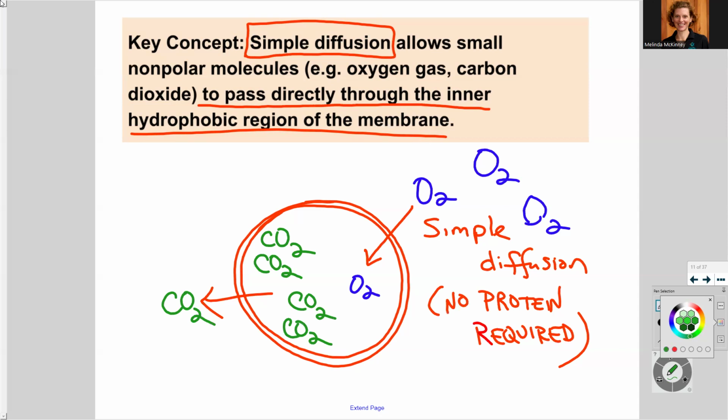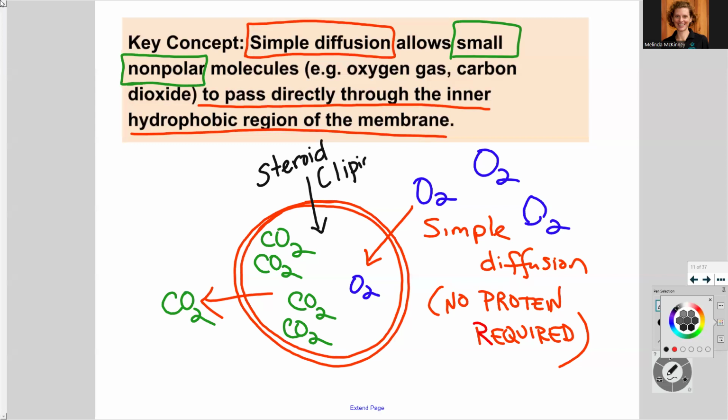The main thing is everything that goes through needs to be pretty small, can't be a huge molecule, and it needs to be non-polar. So it can't have a big charge on it. Okay. Another thing we're going to get to later, I'm just going to put it in here, that can go in is a steroid. Steroids, if you remember, are lipids.